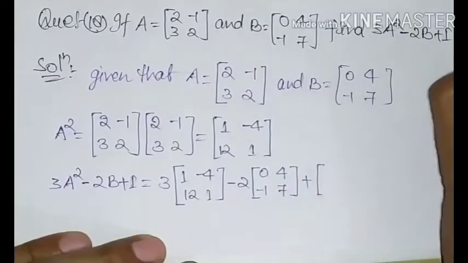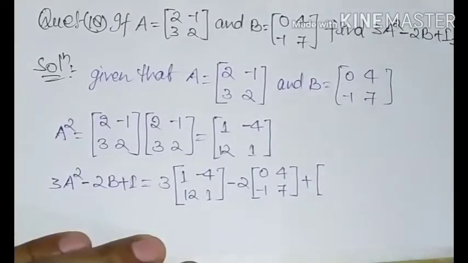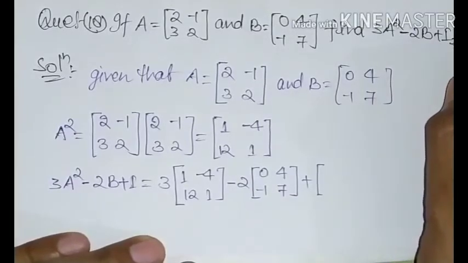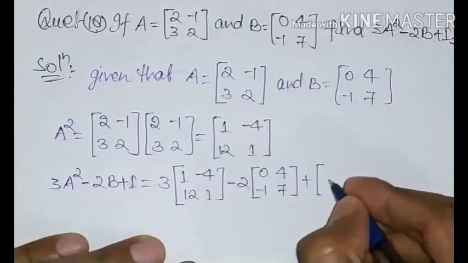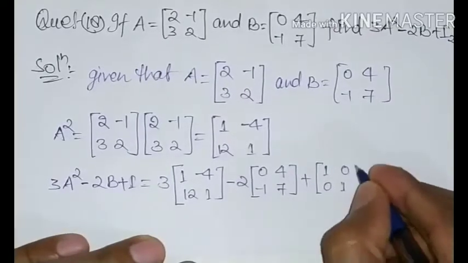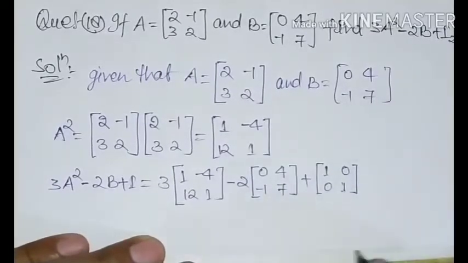The order will be 2 by 2 because A is 2 by 2 and B is 2 by 2. That's why the identity matrix is also of order 2 by 2, that is 1 0, 0 1.